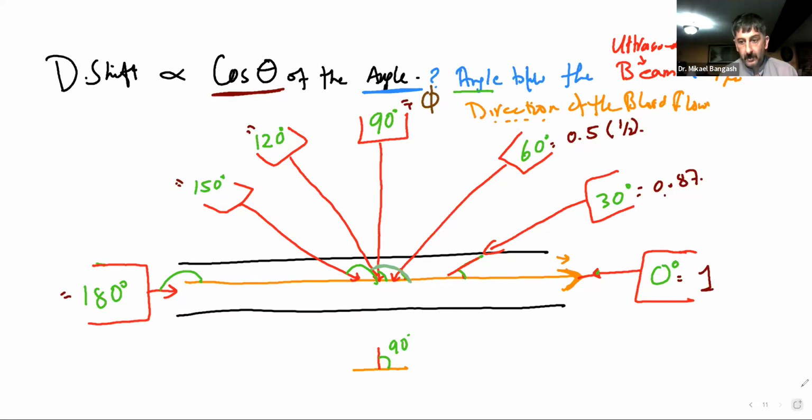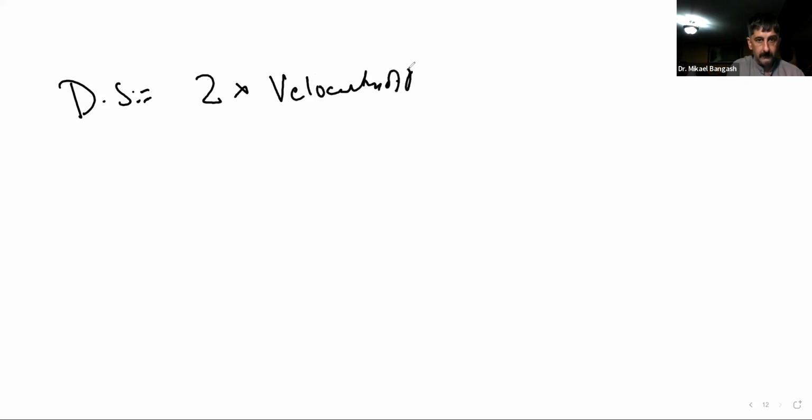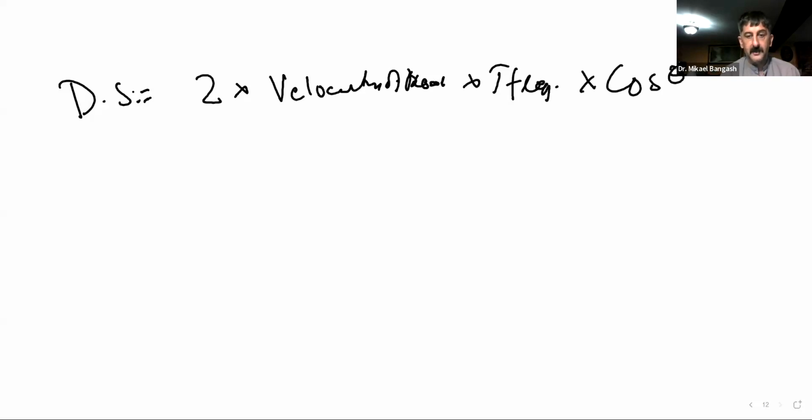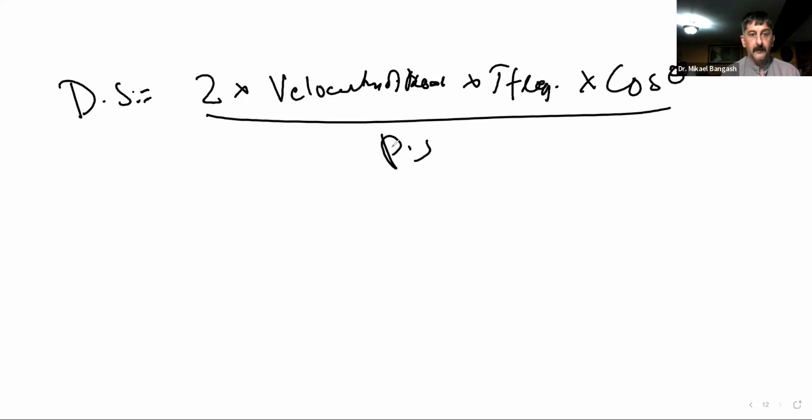Now, let me take you girls to the Doppler shift equation. That's 2 multiplied by the velocity of blood, multiplied by the transducer's frequency, multiplied by the cosine theta value of the angle, and it's divided by the propagation speed.